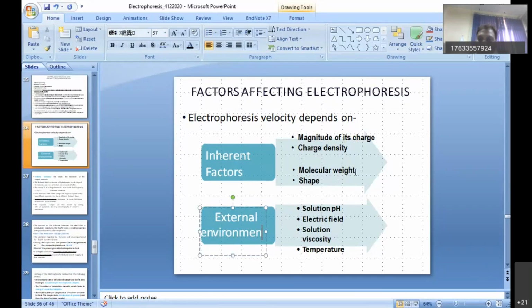So you have to decide which concentration of the gel, the supporting media, should be prepared, depending on the protein molecule you have chosen to analyze. You make your gel so the pore size is according to that. The buffer solution should be good. You have to apply the electric field, so you have to check first whether it is okay or not. The solution viscosity and the temperature where you're performing the experiment, you have to look at as well.